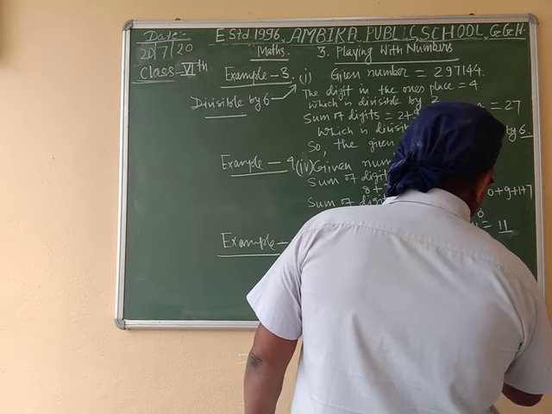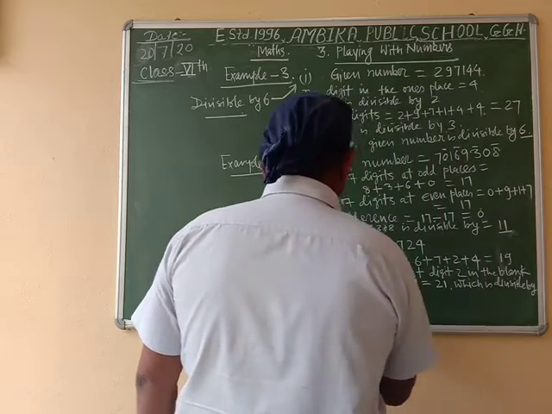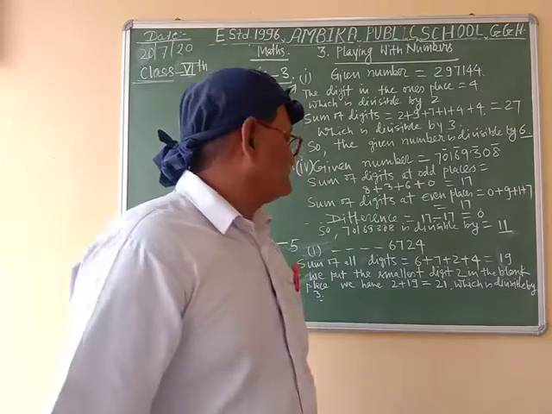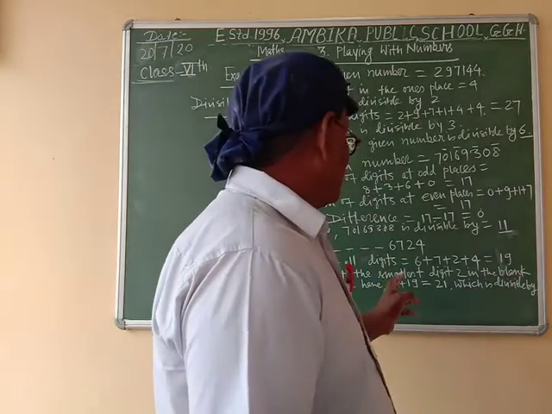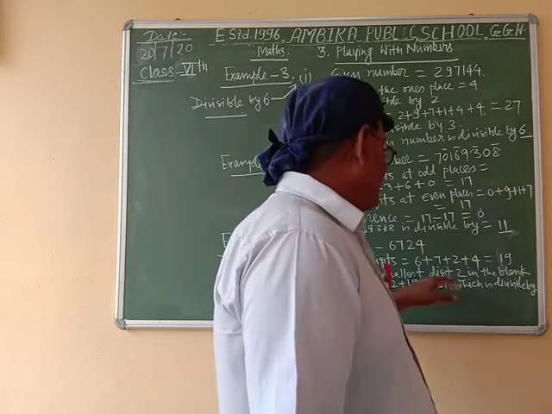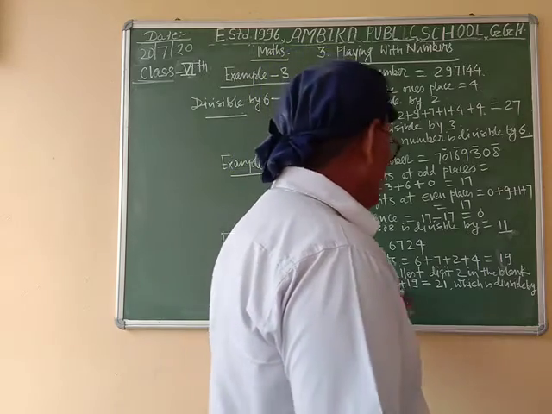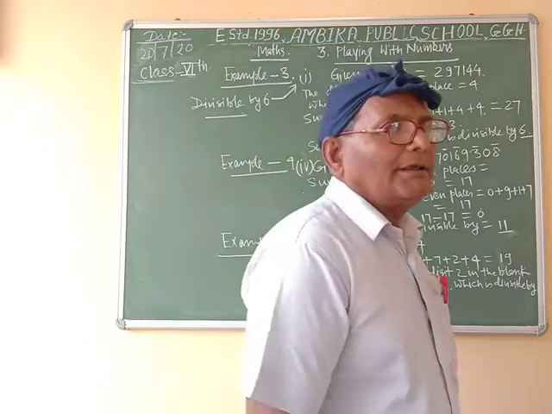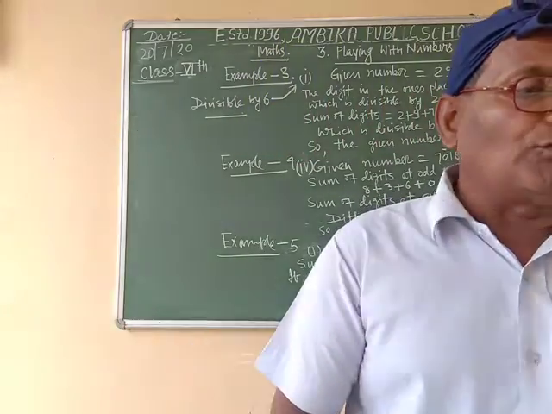Here the sum of all digits is equal to 19. If we put the smallest digit 2 in the blank place, we have 2 plus 19 is equal to 21, which is divisible by 3. So the smallest digit is equal to 2.